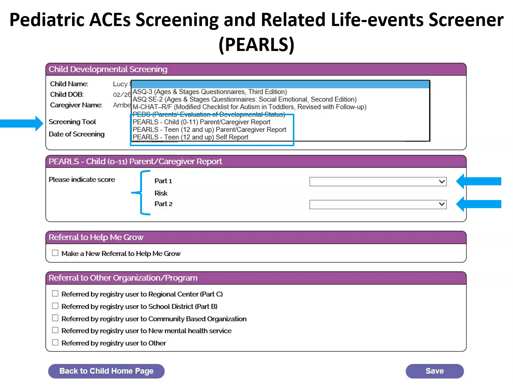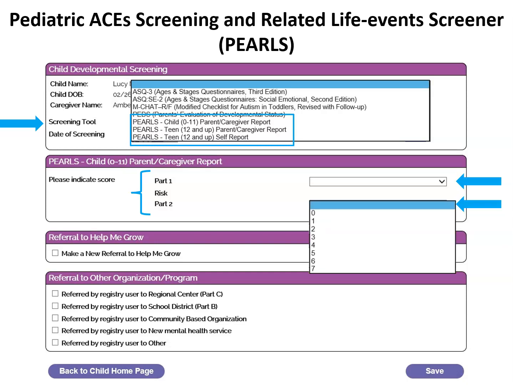But then for part two, you will also choose from a drop-down. The main difference here is that for a Child 0 to 11 Parent Caregiver Report, the drop-down will be from 0 to 7. But for the teen Pearls variations, the drop-down instead will be from 0 to 9. That will make sense to you now that you've been trained on the Pearls tool.